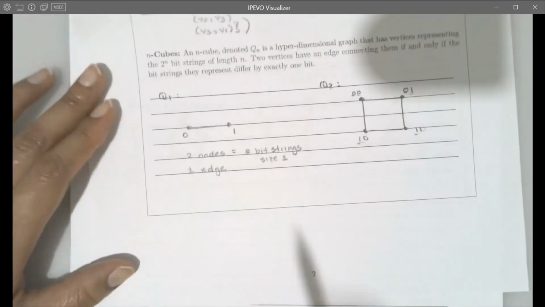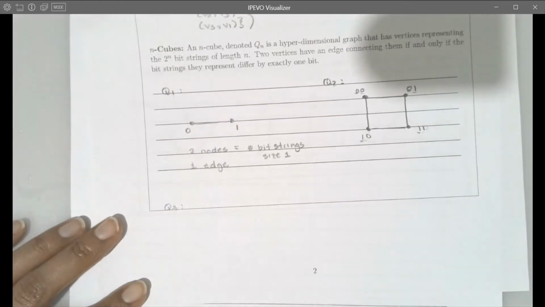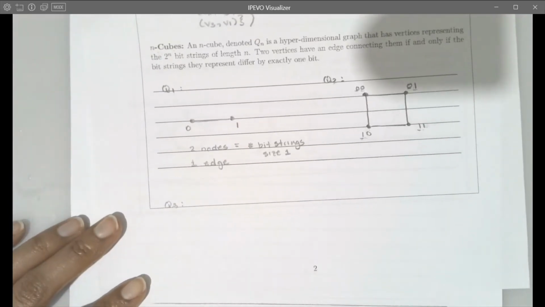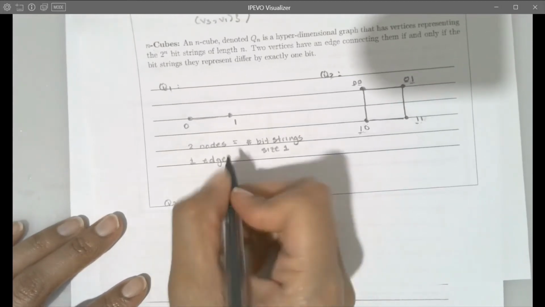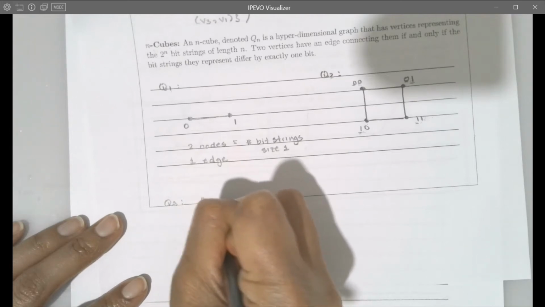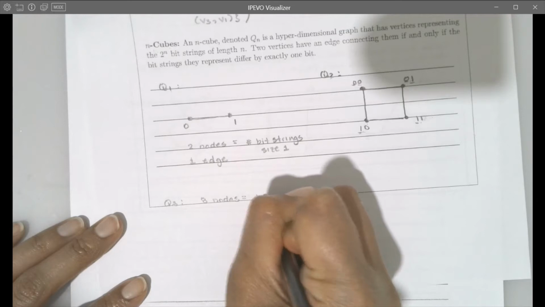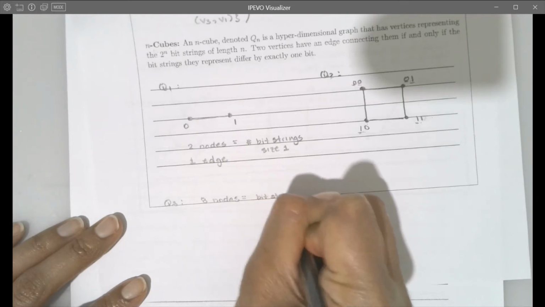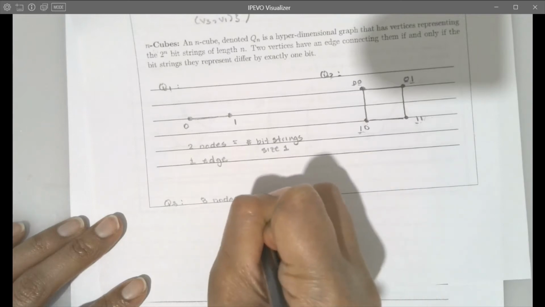Let's try one more, Q3. In this case, we're taking a look at how many different bit strings of size 3 do we have, and that would be 8. So we're going to have 8 nodes. And let's see how many edges that's going to result in.